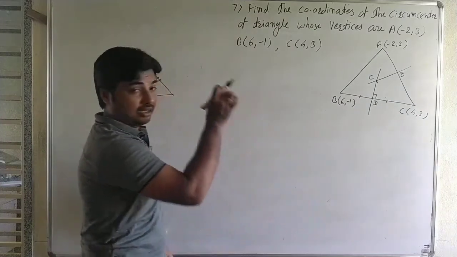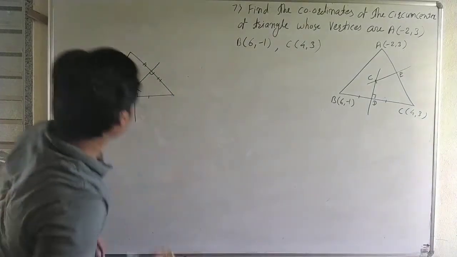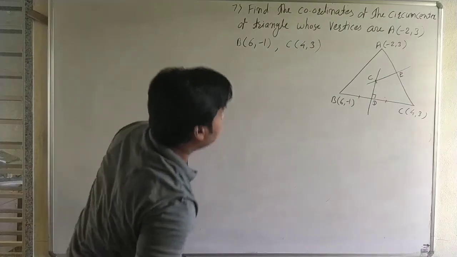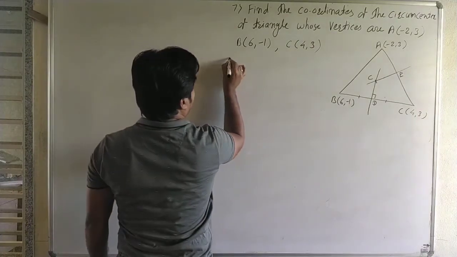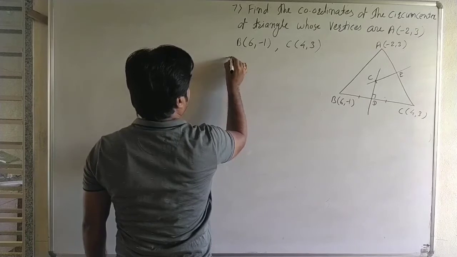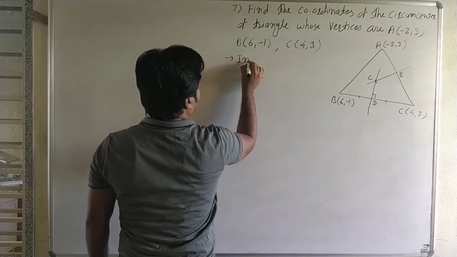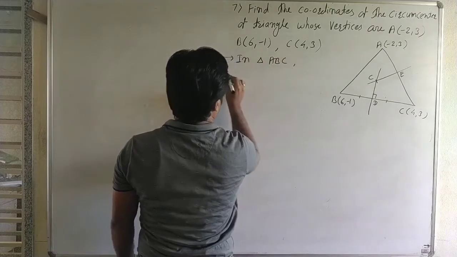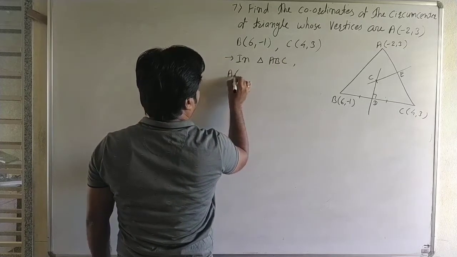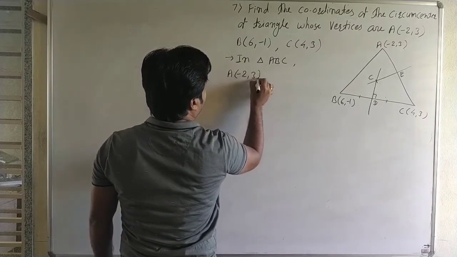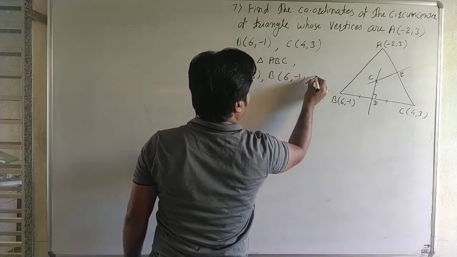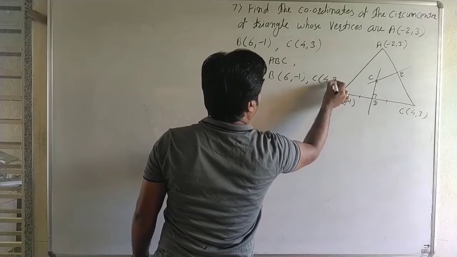Now see carefully. First, in triangle ABC, A minus 2 comma 3, B 6 comma minus 1, and C 4 comma 3.